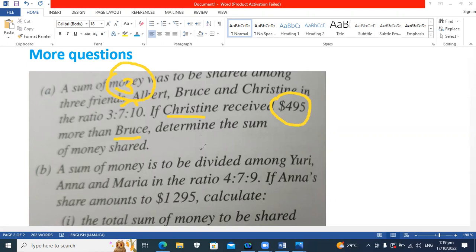Yes. Because the 495 represents the difference between Christine and Bruce money-wise, not true? But ratio-wise, it is between 7 and 10, which is 3. Do you get that?